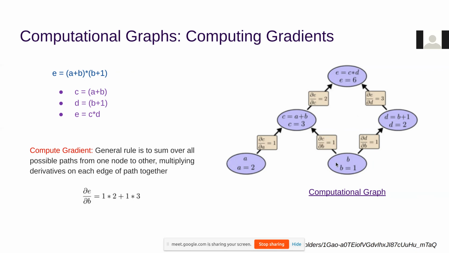The gradient across this path will be the product of these two values, so it will be 2. The gradient across this path will be the product of these two values, which will be 3. So the total gradient of E with respect to B will be the sum of the gradient across this path plus this path. Right? So that will be 2 plus 3, which is equal to 5. This is clear, how this computational graph is working.